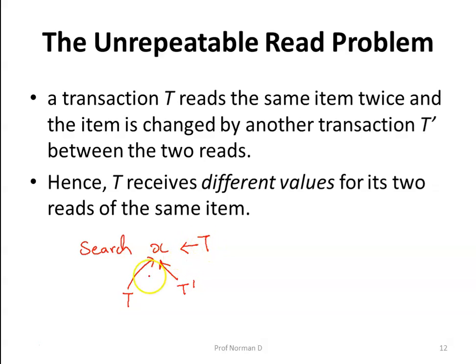So between these two reads, some other transaction has already changed the value. Maybe there were 10 seats on this flight. Since transaction T' has executed and performed some operation on it, it might be showing only 5. So earlier when you performed the transaction T, it gave you 10. After some time, when you perform the same transaction again, it gives you a different value, that is 5. Such type of problems are called the unrepeatable read problem.